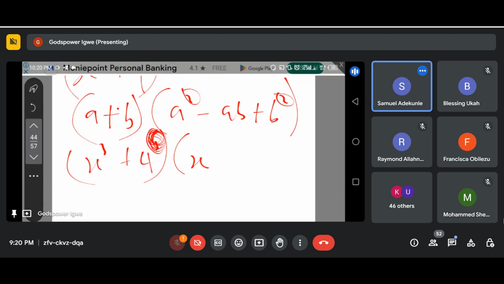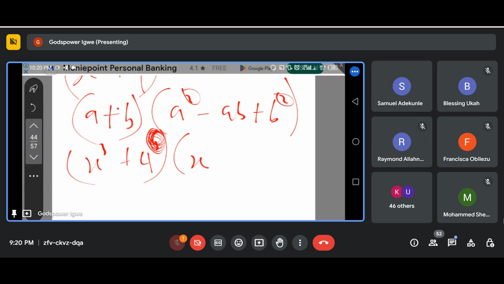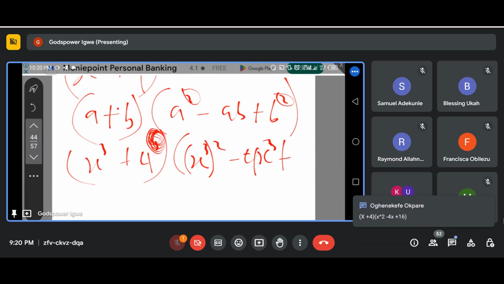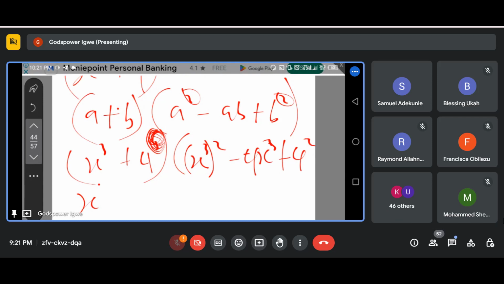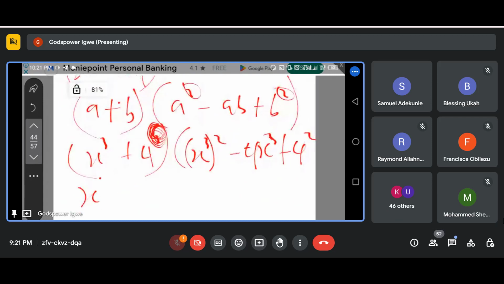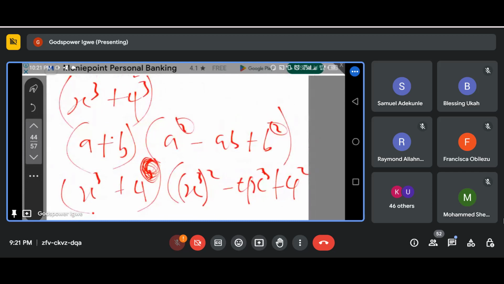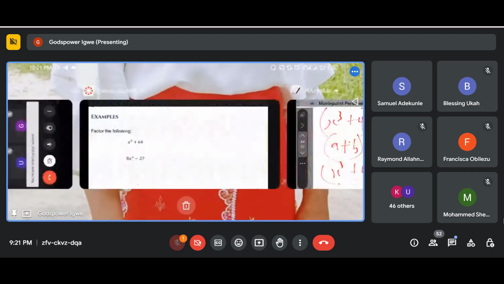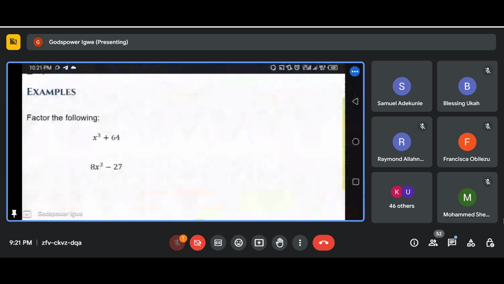So this other one will be x squared, minus x times 4, so this will be 4x, and plus B will be 4 squared, right? Wait, I need to confirm something.